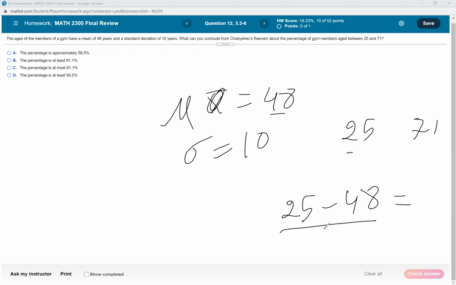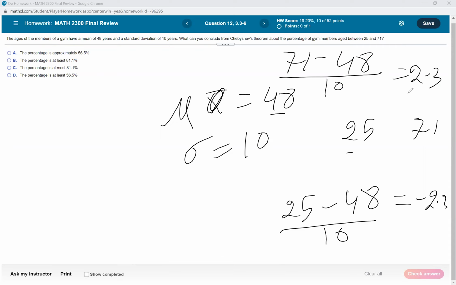If you divide by the standard deviation sigma, it is negative 2.3. Similarly, if you subtract 48 from 71 and divide by 10, it will be 2.3. That means these values are within 2.3 standard deviations from the mean. So the value of k is 2.3.